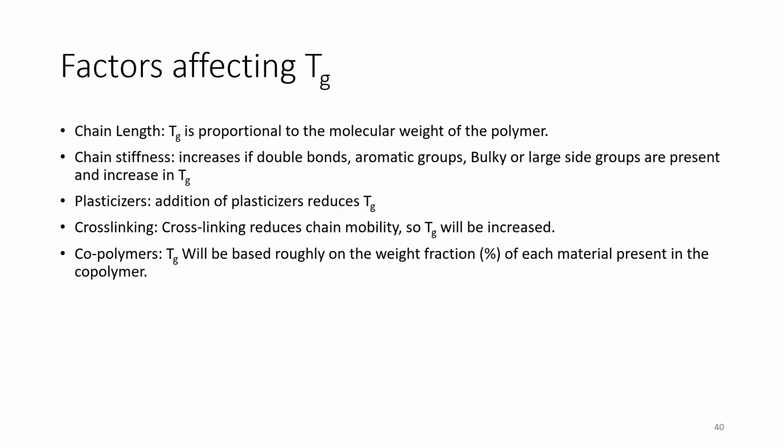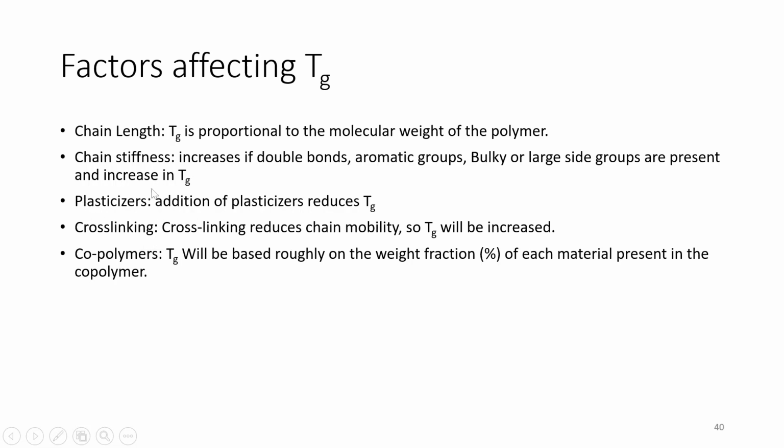Chain stiffness: it increases if there are double bonds or aromatic groups present in the chain, or bulky or large side groups, also known as pendant groups. These increase the glass transition temperature.